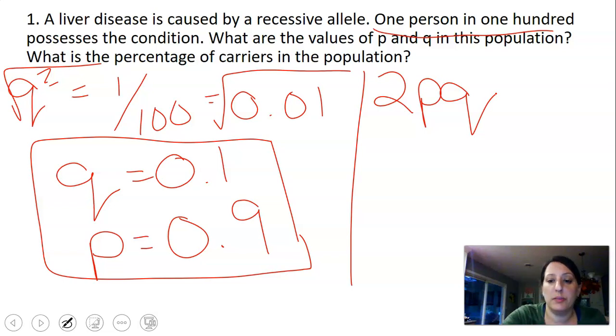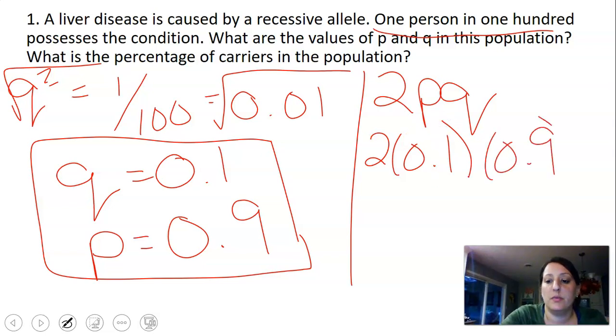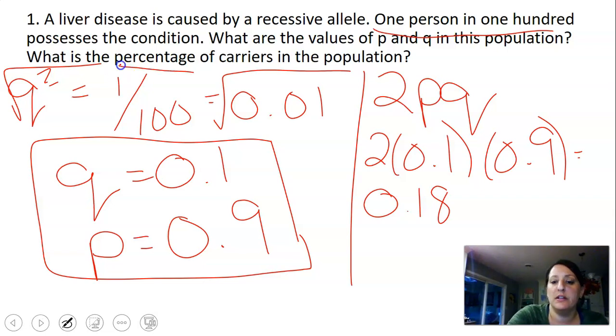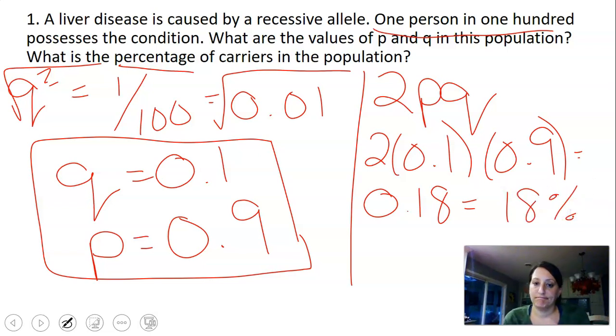Now you just plug in your P and Q. So this would be 2 times 0.1 times 0.9, and hopefully I did my math right. That should equal 0.18. That's the frequency of carriers, but it's asking for a percentage, so I want to make sure I convert that. Multiply it by 100, and I get 18%. So that's the answer to that first question.